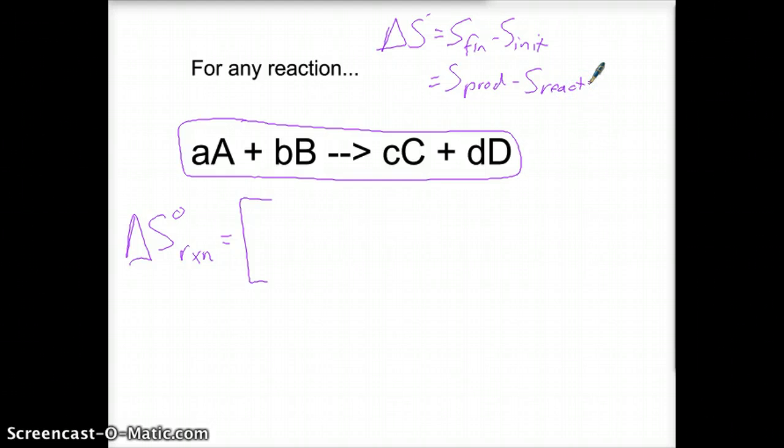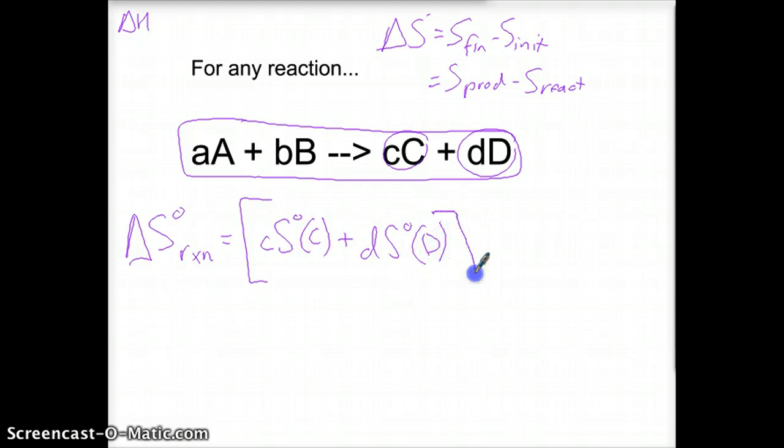Same thing holds true here. This is also the same equation that we use to calculate the change in enthalpy, delta H of a reaction, except now we're just using entropy values. So we're going to take the coefficient of compound C times the entropy of compound C, add it to the entropy of D times the number of moles of D. That's our products right here.